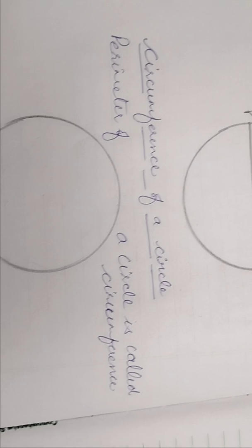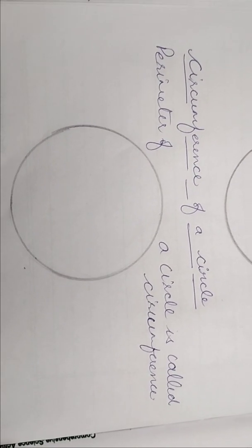Next is circumference of a circle. Perimeter of a circle is called circumference.